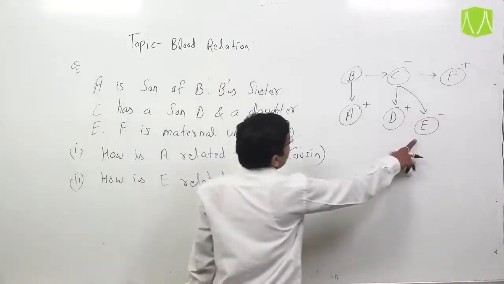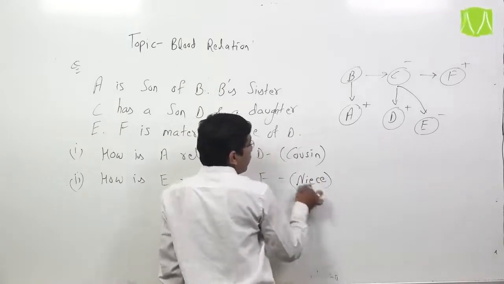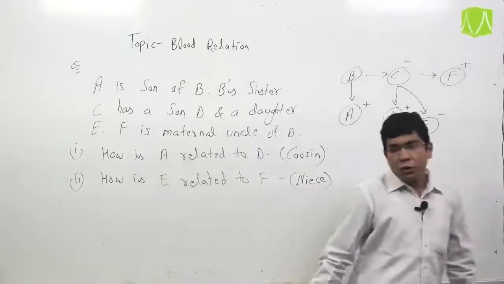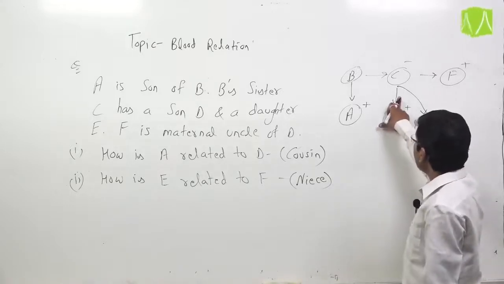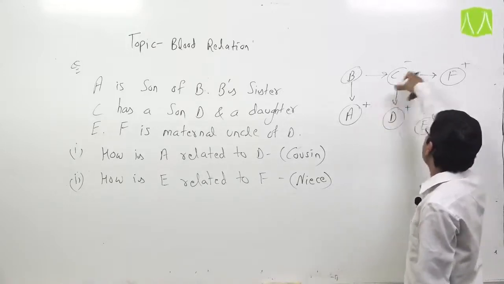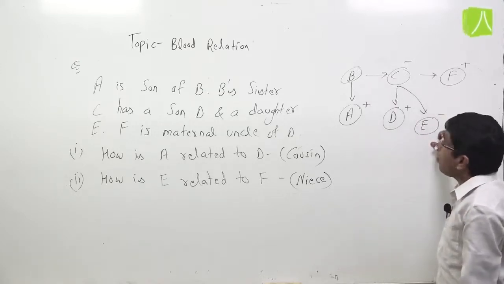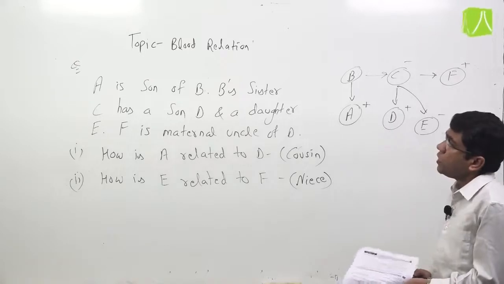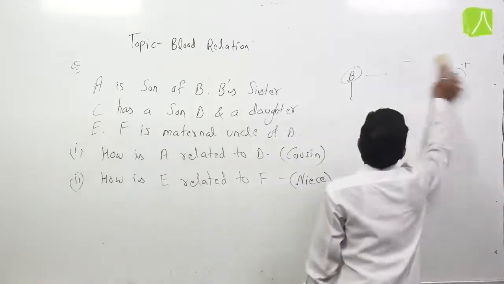E is the niece of F, because E is the daughter of C and C is the sister of F. This question is based on the family diagram. Now take the next example.